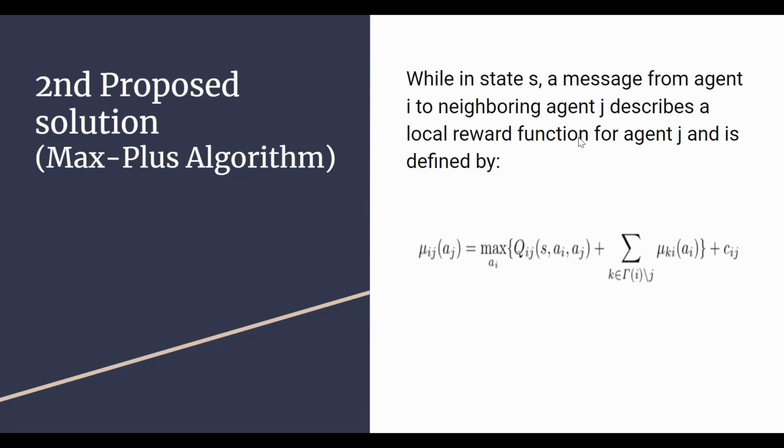It is mu_ij based on action taken by agent j, equal to the maximum over the action taken by agent i of Qij(s, ai, aj), plus the summation of mu_ki on ai, that is the action taken by agent i, where the summation goes over k belonging to the set of all neighbors except j, because we are taking the message between j and i, so we will not include j in this part, plus cij.